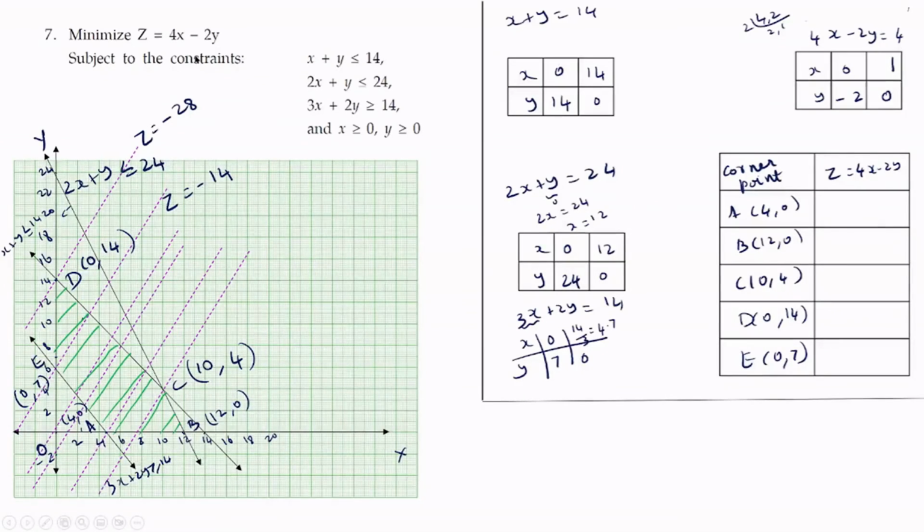So if there is a negative integer as coefficient for x or y, sometimes we may get the right result, sometimes our result may not be right. So let us proceed with the corner point method.